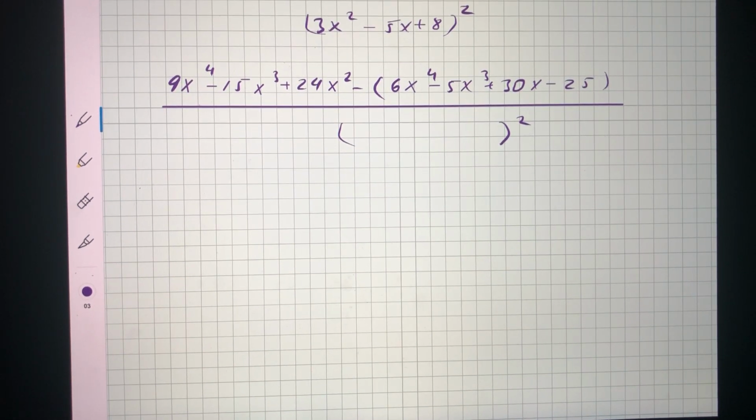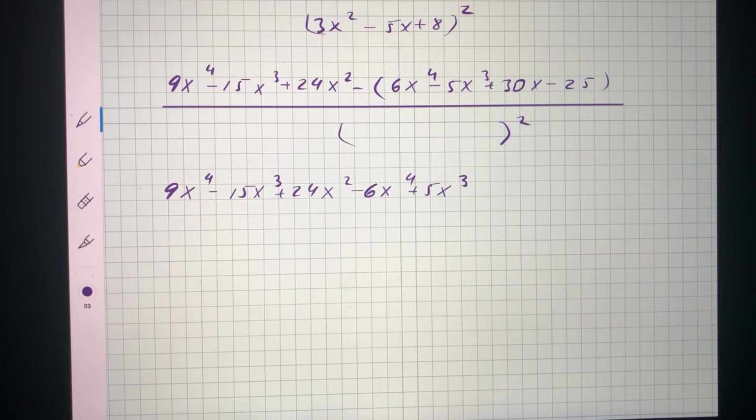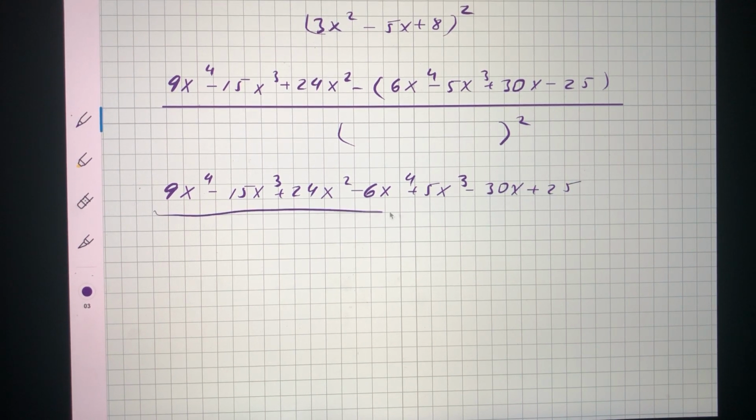All I need to do is distribute and simplify. So 9x fourth minus 15x cubed plus 24x squared minus 6x to the fourth, minus and minus is plus 5x cubed. So all the signs inside are changed. Negative 30x plus 25 divided by the bottom piece squared.